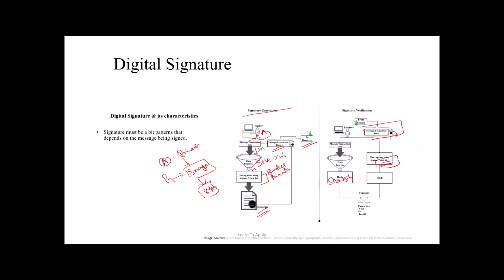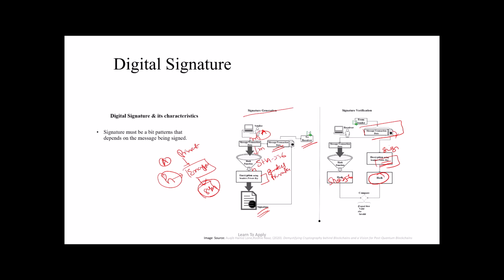Since we have seen that encryption encrypts this H value and gets the signature, if we reverse this process we use decryption, and decryption will use the signature as well as the key. But which key? The sender's public key. And once the decryption is successful, you will get the hash value H, right?